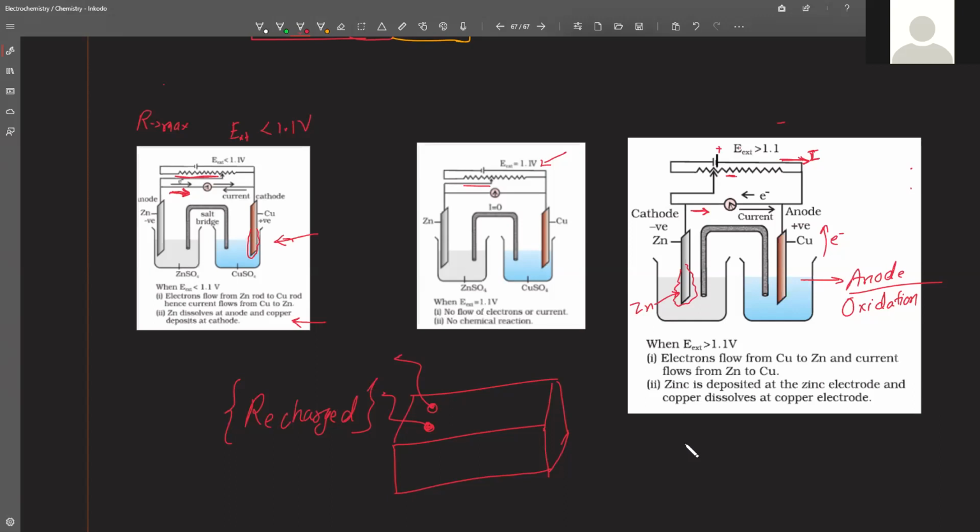So what is happening in these three cases: in the first and second cases, your cell is getting discharged. So this is discharging of the cell, and this is charging of the cell. If the external EMF is less, that means there is no external resistance. This happens spontaneously.